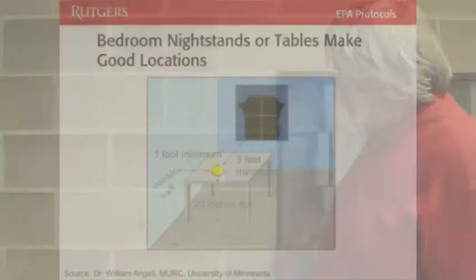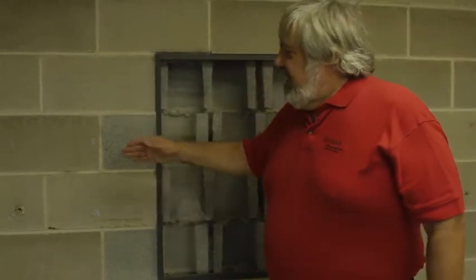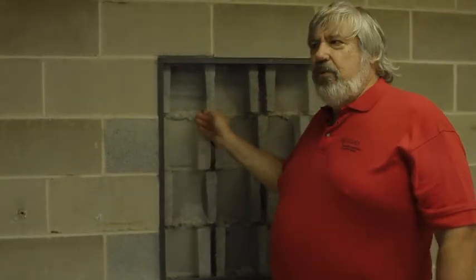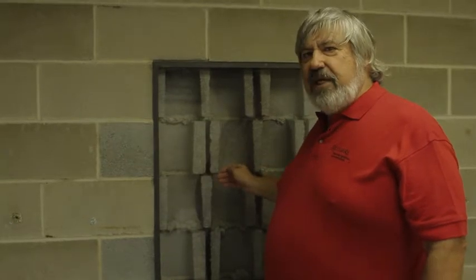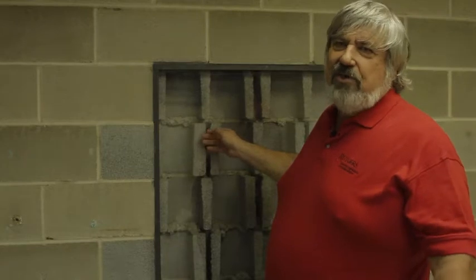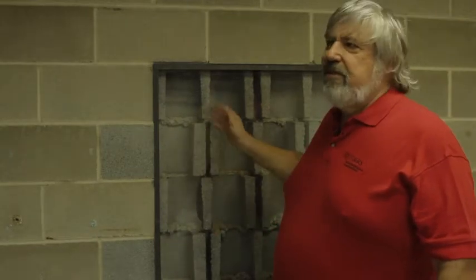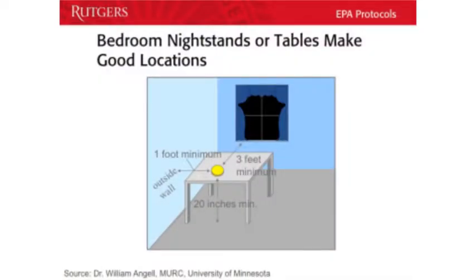Now, we're going to say this is a window, just for example purposes. This is an exterior wall with a window. Any exterior wall with an opening to the outside, like a door or a window or a mail slot or a coal chute or anything that's operable, we want to keep at least 3 feet from that. That's because these can be leaky and that can bias our measurement.